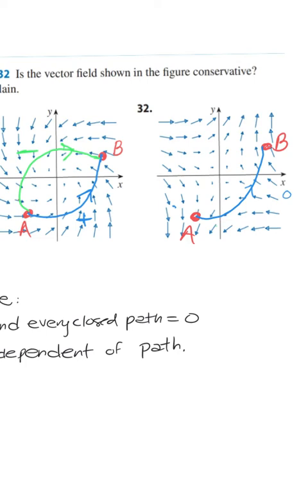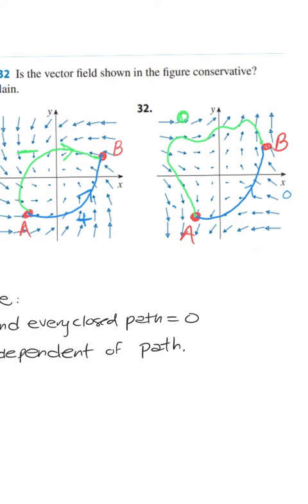Not really sure. Let's go a different path, some kind of crazy path here. The work here, I'm going against, so negative, perpendicular, so 0, with, so positive. So I've got some negative and some positive and some negative. So I'm not sure what it is.